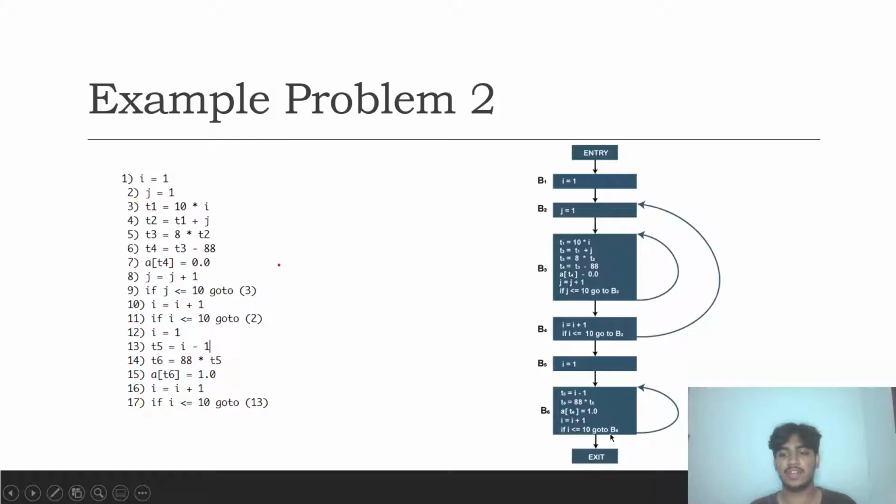If I less than or equal to 10, go to B2, so we go back to this block. And here again, if I less than or equal to 10, go to B2, so we will go back here. If j is less than or equal to 10, go to B3, and we'll go back to this same block right here. This way, we establish the basic flow in our problem by using our blocks and the instructions stored inside them.